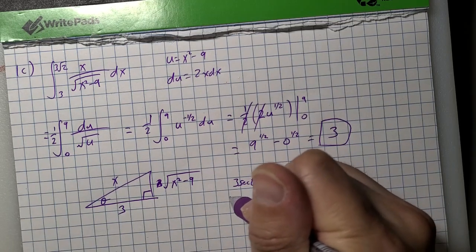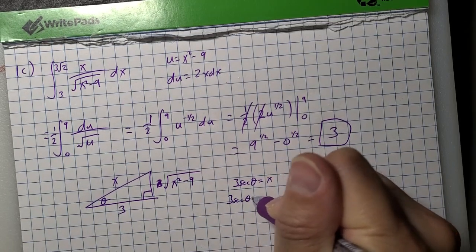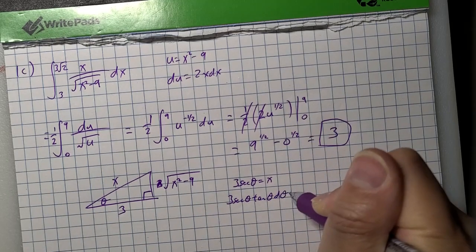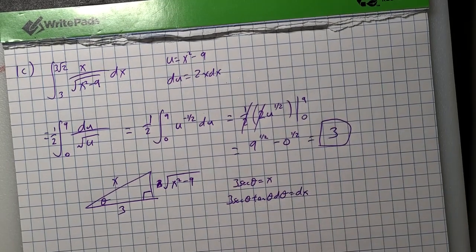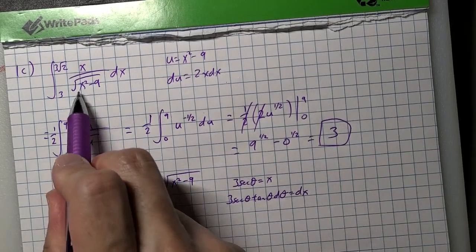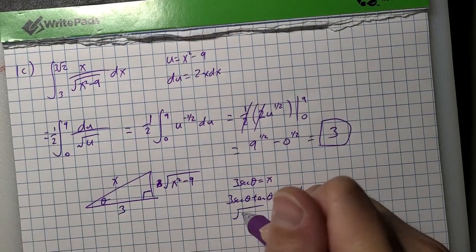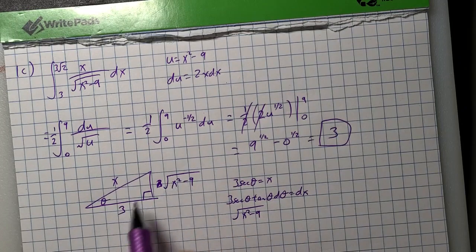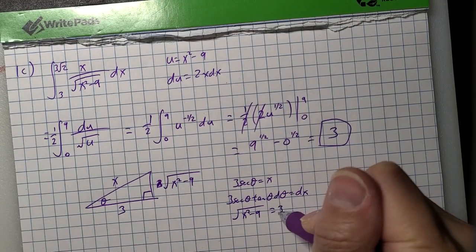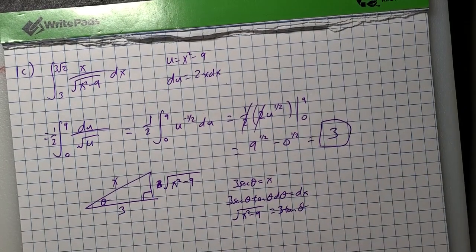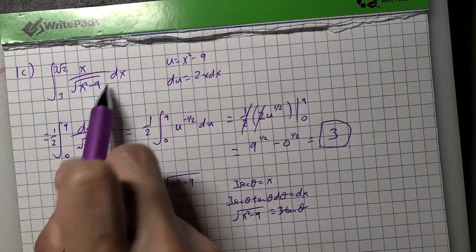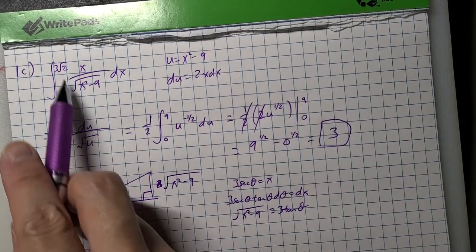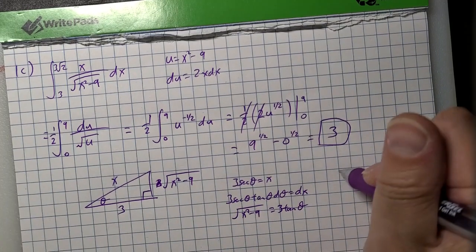Okay? And then 3 secant theta tangent theta d theta would be dx. And then we can also sub in the square root term. We know that tangent theta is the square root term over 3, so 3 tangent theta is that square root term. So we can sub everything in its integrand in terms of theta, and then don't forget your limits of integration, so let me just do it.